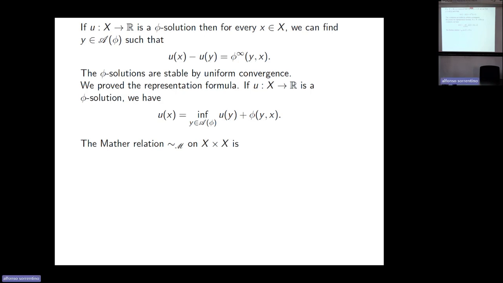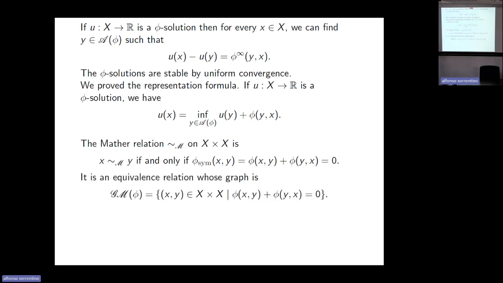So the Mather relation was defined as follows: x is Mather related to y if and only if phi(x, x) plus phi(x, y) plus phi(y, x) is 0. The graph is denoted by graph Mather of phi.